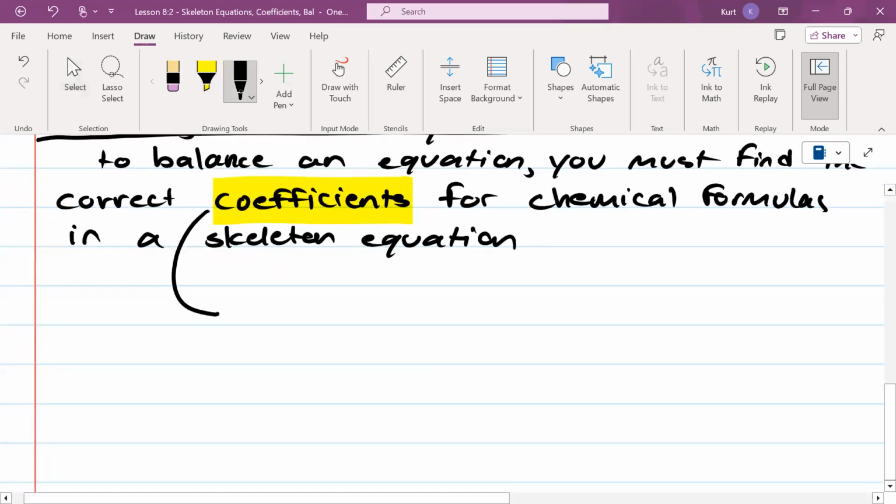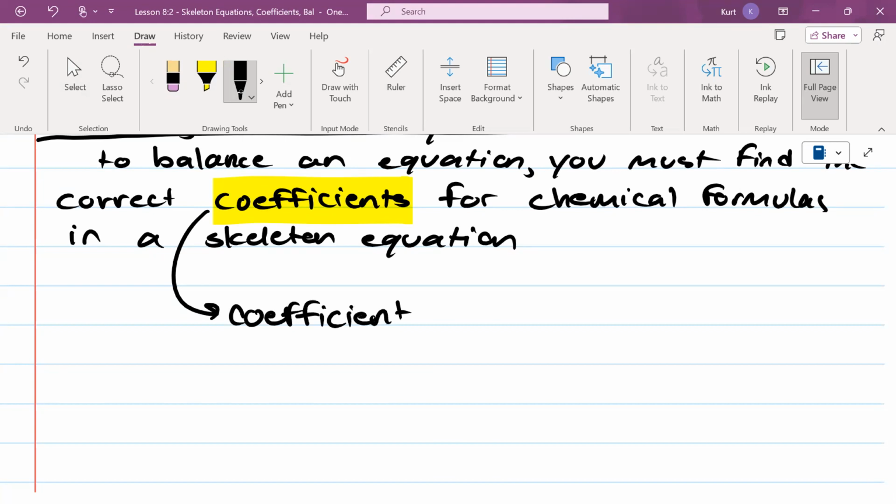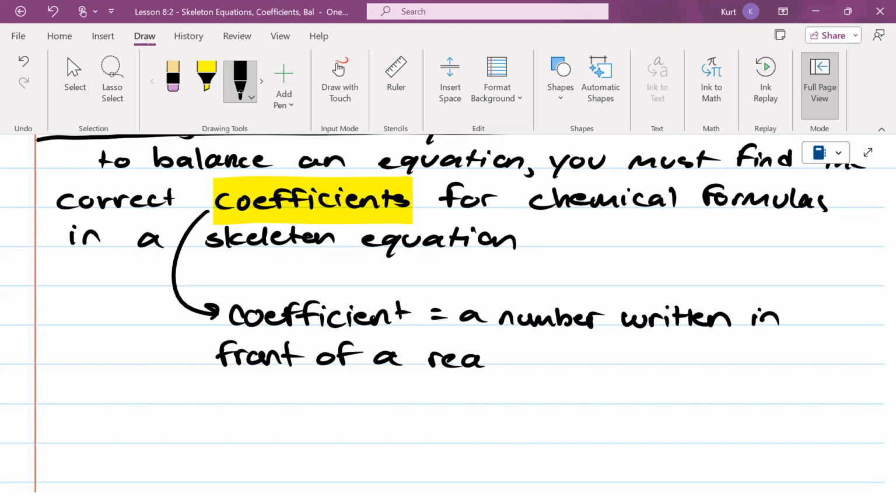A coefficient is a number written in front of a reactant or product. And they must be whole numbers.